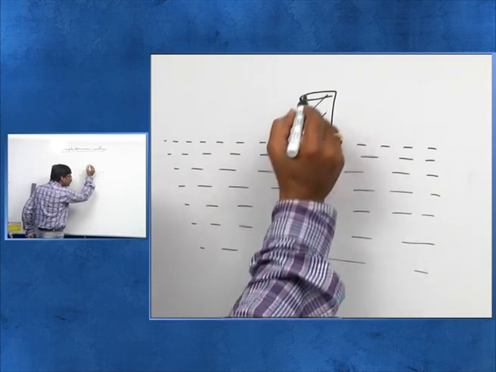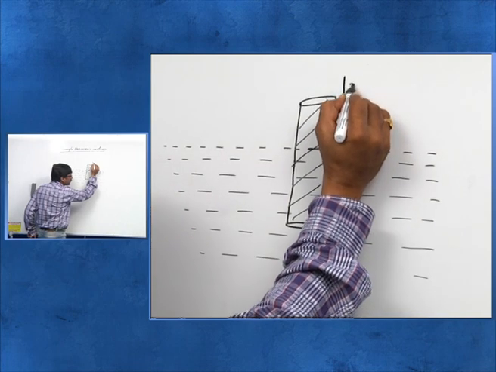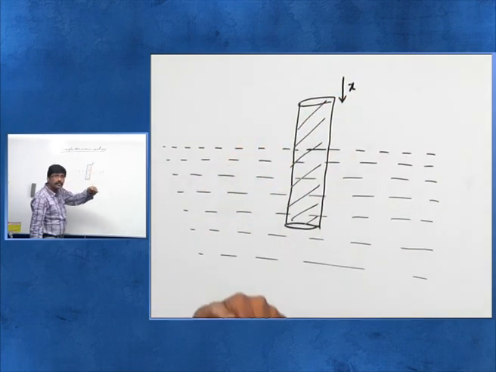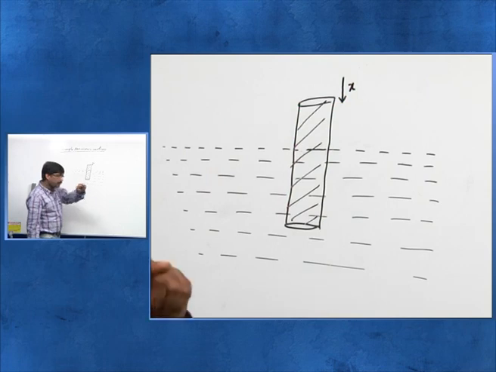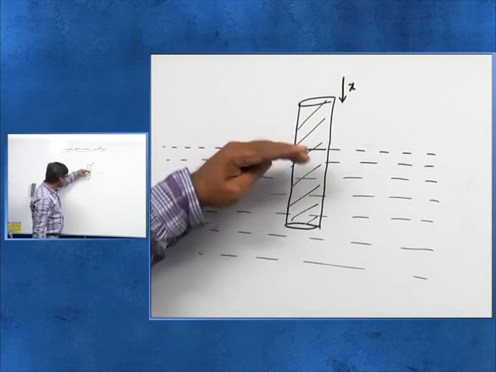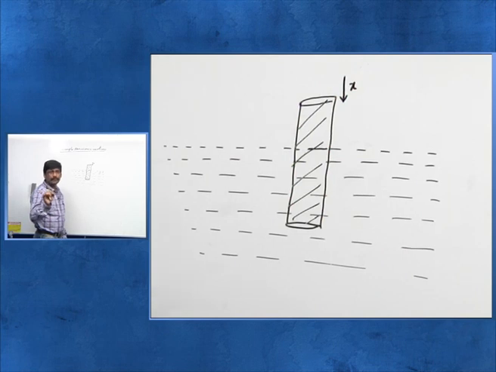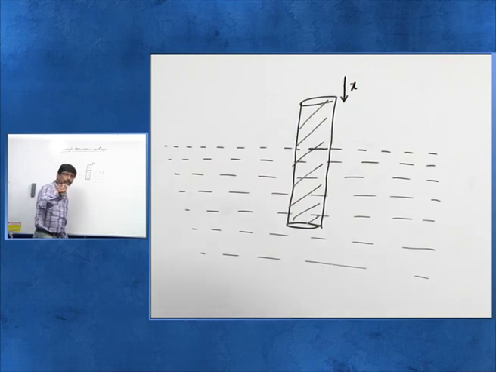Now, just push it down by a small x, press it and leave it, then it executes simple harmonic motion. Let us find out the frequency of this simple harmonic motion. As we know, for any simple harmonic motion, we have to prove that force is proportional to displacement and directed opposite to displacement.